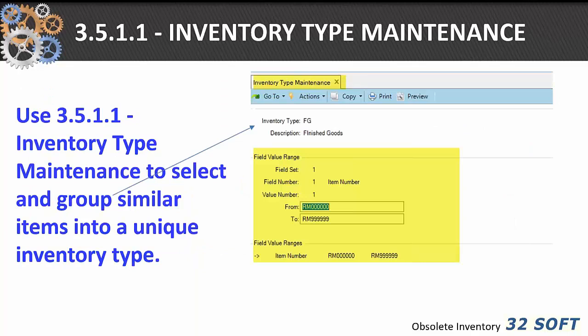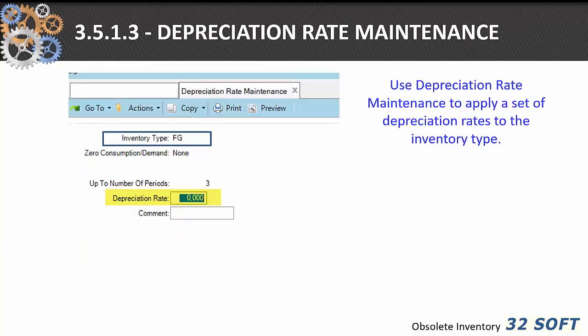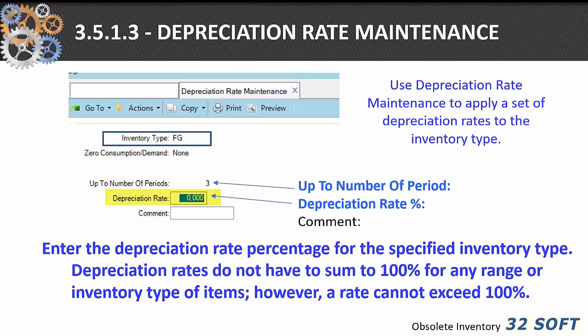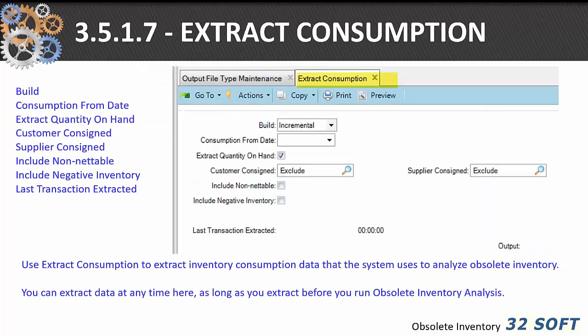So inventory types, you set up groups of part numbers that are going to fall in these inventory types. Then you use this depreciation rate method to actually tell the system how many periods you're going to use for depreciation, what the rate percentage is. So it calculates that obsolescence based on, well, you define the usage.